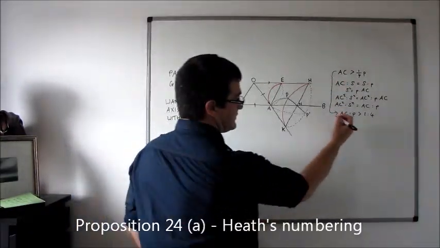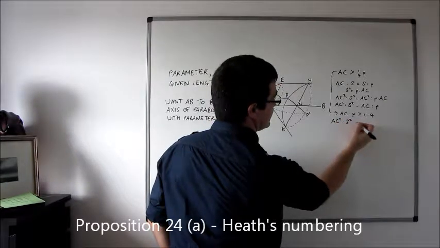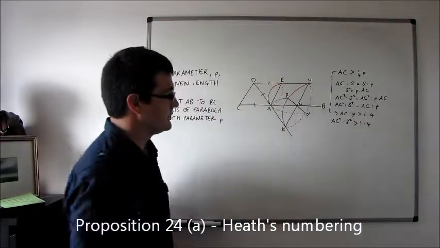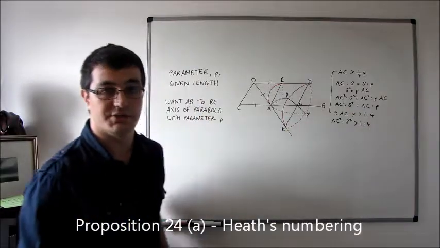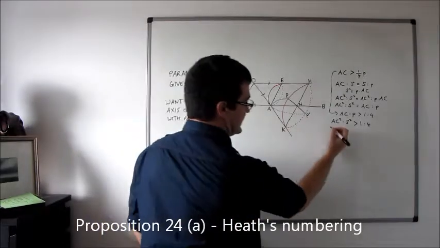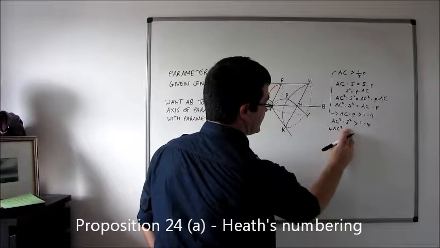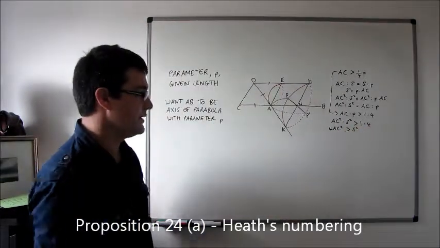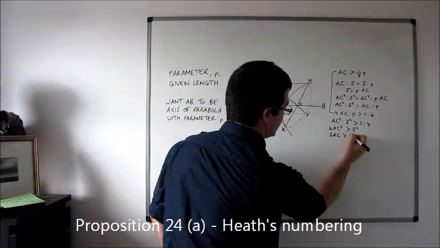So therefore, AC squared to S squared is going to be greater than 1 to 4, because we know that AC squared to S squared is equal to the ratio of AC to P. So that tells me that 4AC squared is not equal to, it's greater than S squared, and therefore 2AC is greater than S.